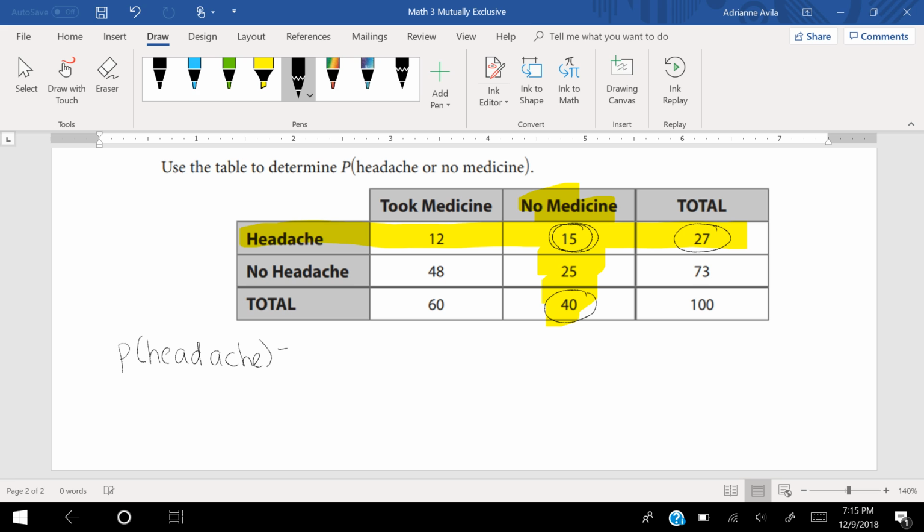So again, the probability that I have a headache, that's 27 out of 100, plus the probability of no meds. And that was 40 out of 100.